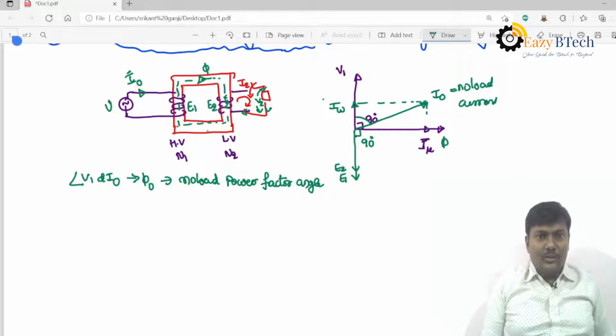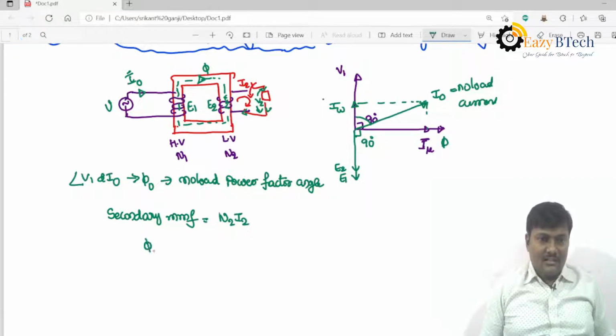When the current flows through the load, it produces a secondary MMF. What is MMF? MMF is the magnetomotive force, the number of turns into current. With this secondary MMF, a secondary flux is produced, where phi 2 is called the secondary flux.